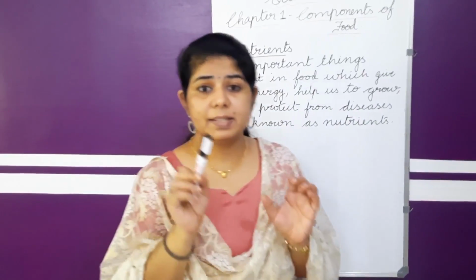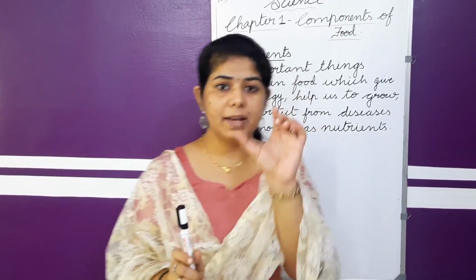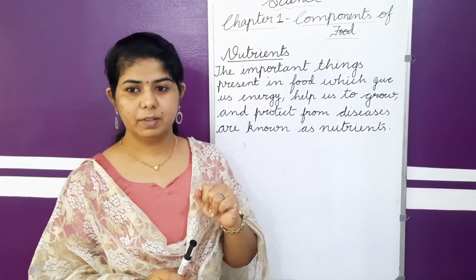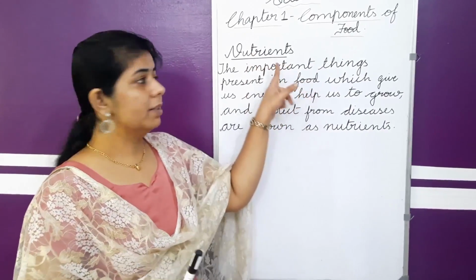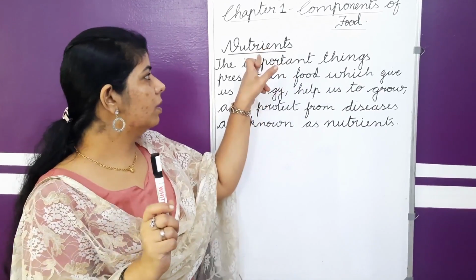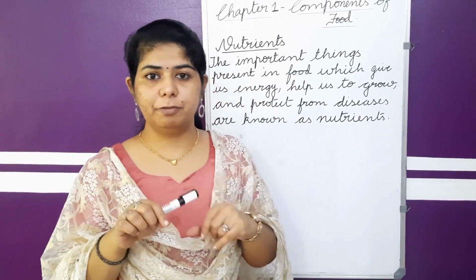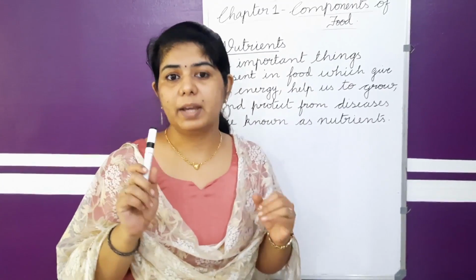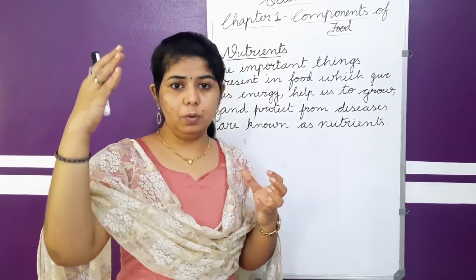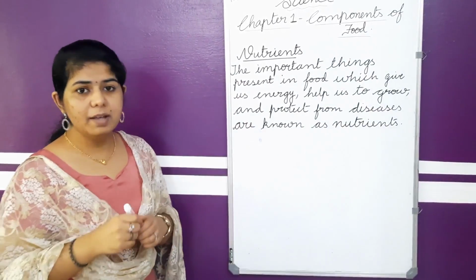And those essential things present in the food, we call them nutrients. Did you understand? The term nutrient is very important. Nutrients mean the important things present in the food which help us to get energy, make us grow, and also protect us from diseases.